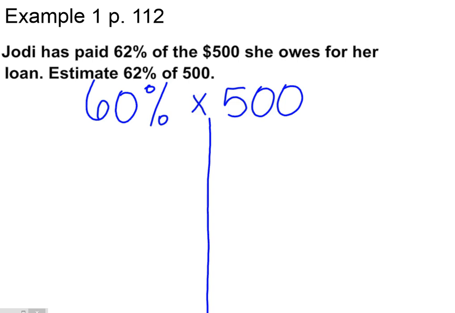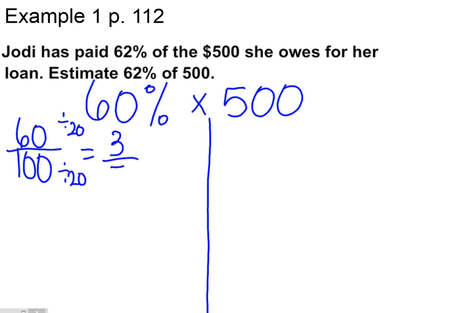What I'd like you to do is, in the work zone, show both methods by taking the notes I'm about to write down with you. 60% is 60 over 100 as a fraction, but we know this can be reduced. 60 and 100 can both be divided by 20, which reduces to 3 over 5. Now, we can multiply 3 over 5, or 60%, times the 500.